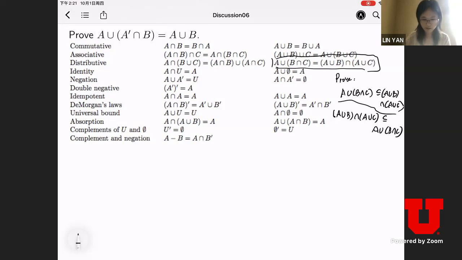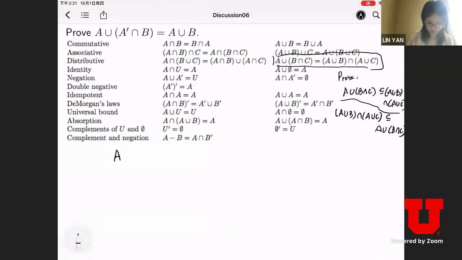Okay, let's get started. We start from the left-hand side. The left-hand side is A union, A complement intersect B. So we can use the distributive law.